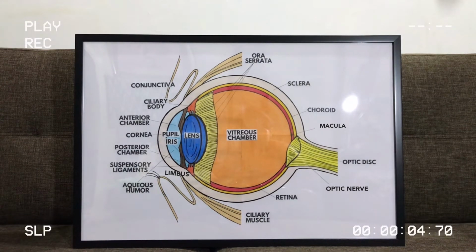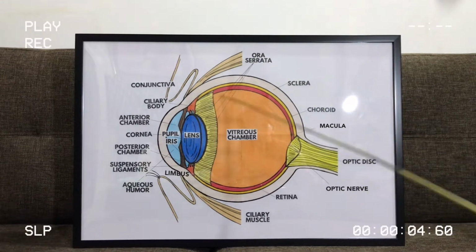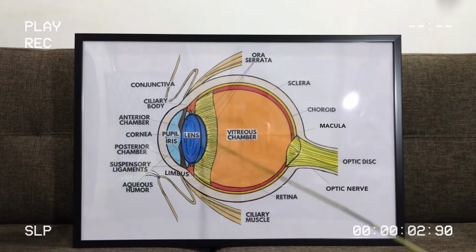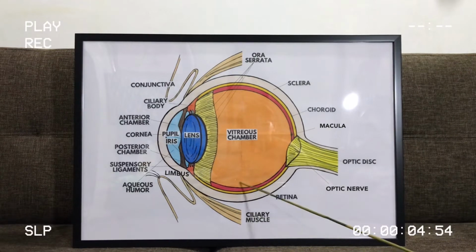These muscles originate in the eye socket and work to move the eye up, down, side to side, and rotate the eye. Here we have the lateral rectus muscle, which moves the eye outwards, and this is the medial rectus muscle, which moves the eye inwards.